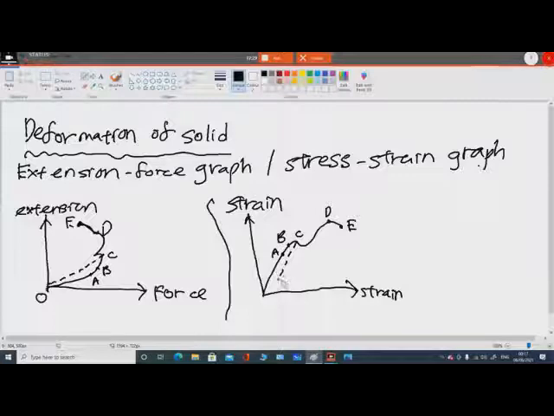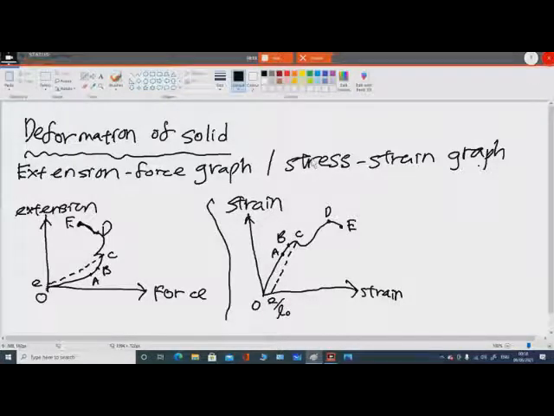Okay, let me write it clearly. So this is my e, where the object has already extended a bit after the force has been released. So this is the origin, and this is my e over L.